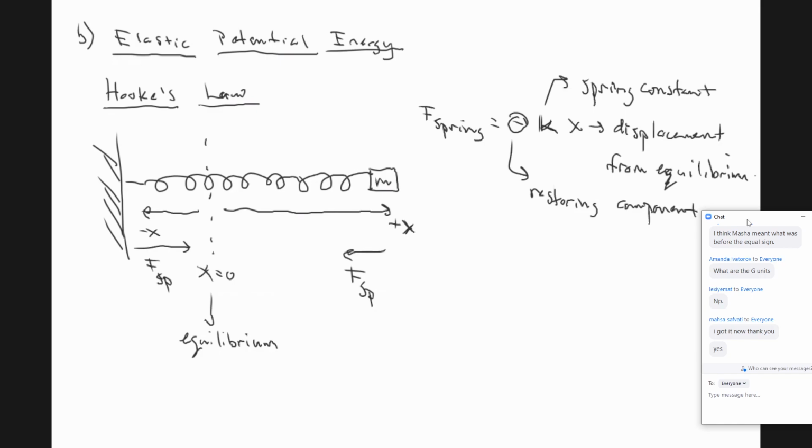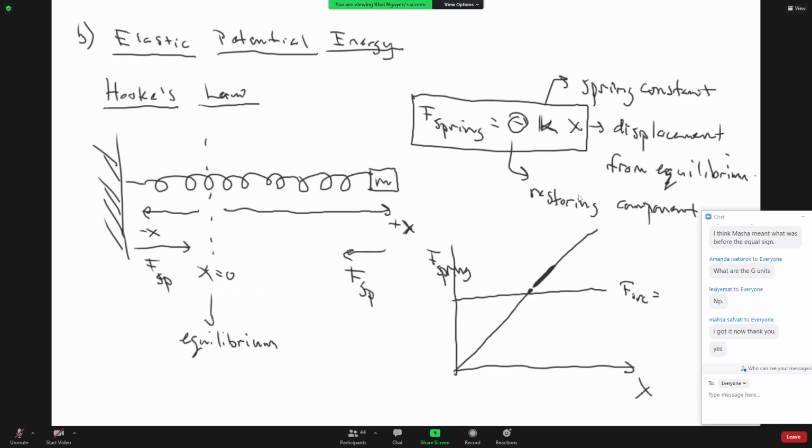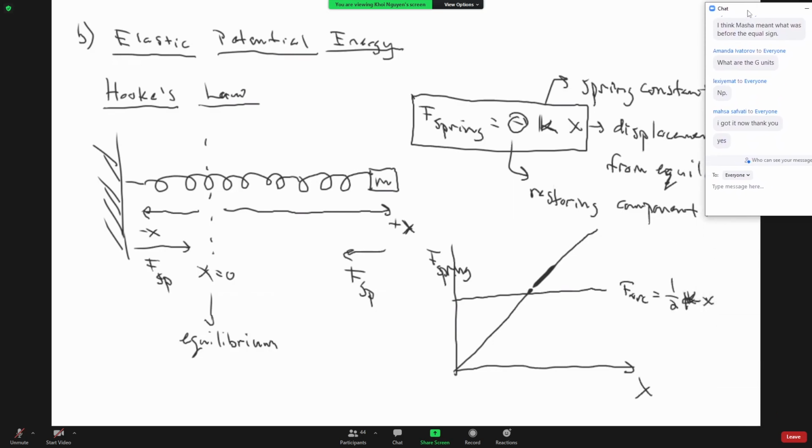Okay. So that's your spring force. What elastic potential energy takes into account is the average spring force over a period of time. So if this was your spring force as a function of displacement, it's always going to be some positive linear function. We're going to take the average of that. So the average force is going to be 1/2 kx in your system.